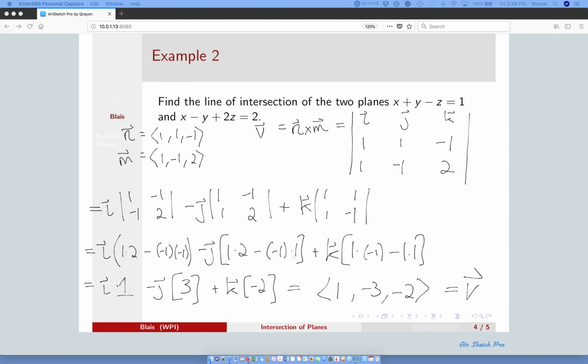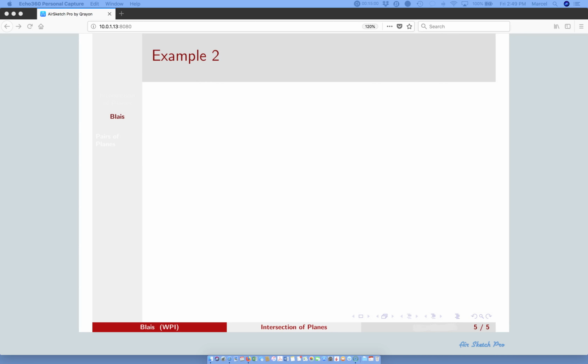Now we need to find a point on the line, we have to tinker around a bit. So let's record first on this next page that our vector parallel is 1, minus 3, minus 2.